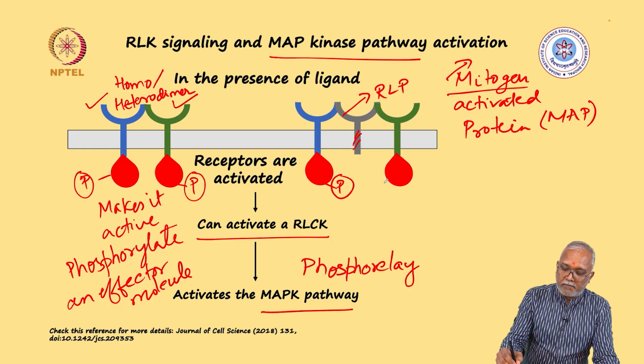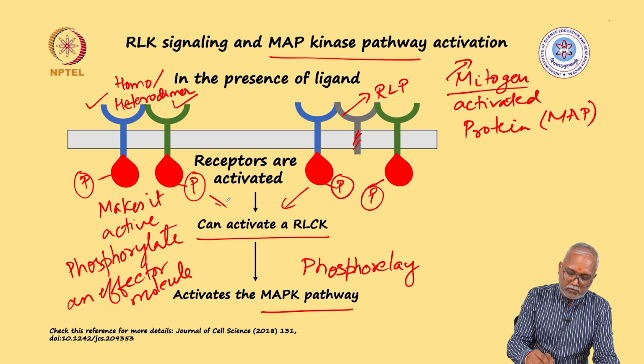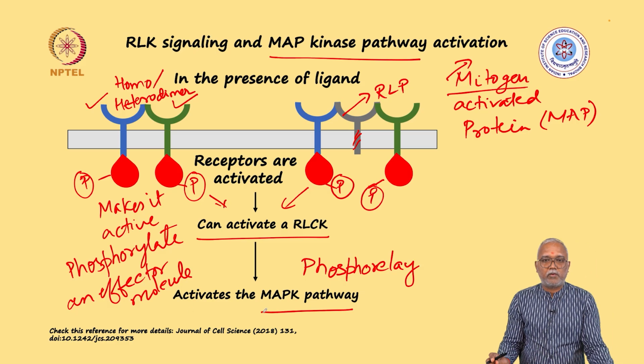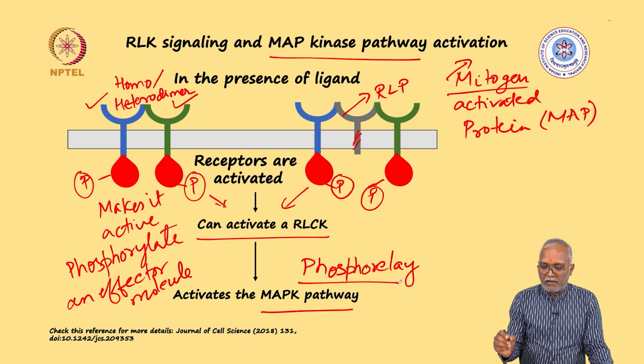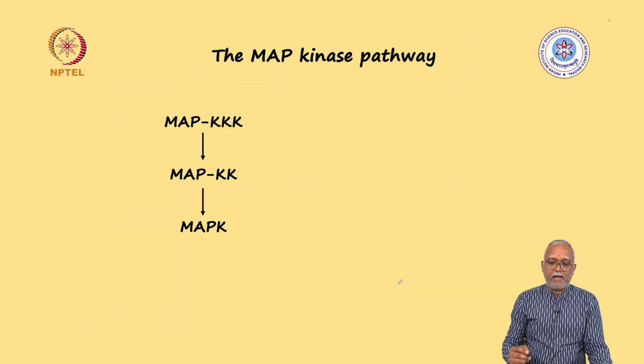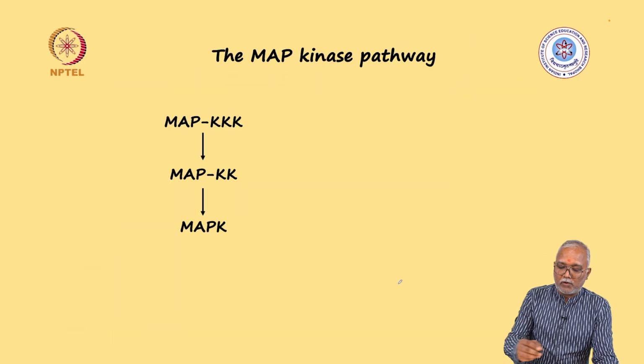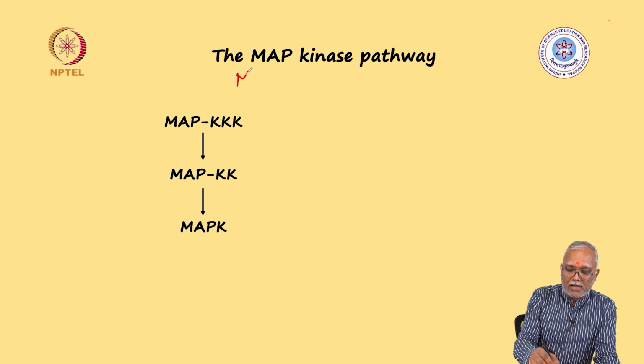This helps in bringing the two molecules together, or may not be required. It basically serves to activate or give a proper response to the functional receptor, and thus it will culminate into the MAP kinase pathway. I mentioned the phosphorelay. Let's see what exactly happens in the MAP kinase pathway. MAP is mitogen-activated protein kinase.